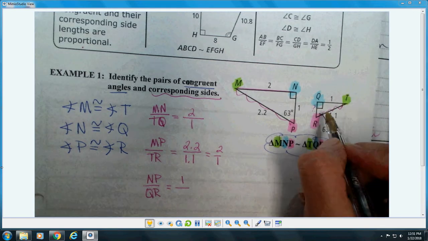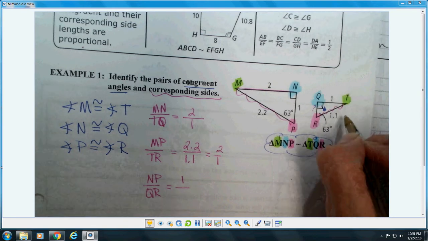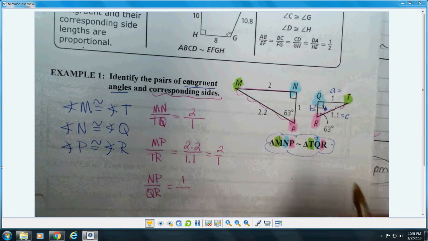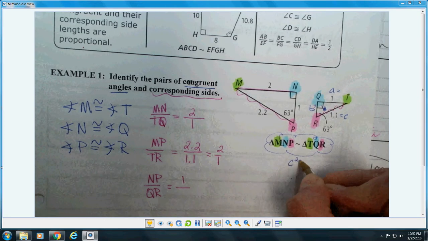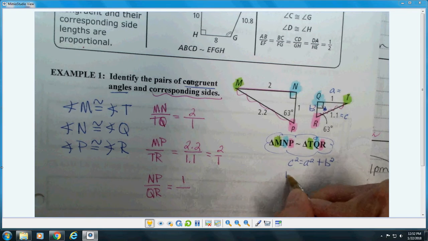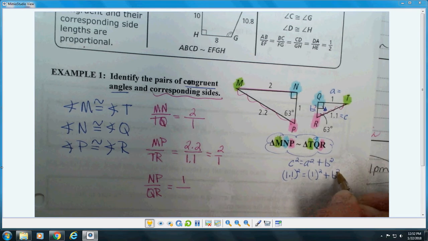Pythagorean theorem. Remember, across from the right angle is always C. I'm going to call this A and this B. So I know I have C squared is equal to A squared plus B squared. So if I substitute in, I'm going to have 1.1 squared is equal to 1 squared plus my B squared.